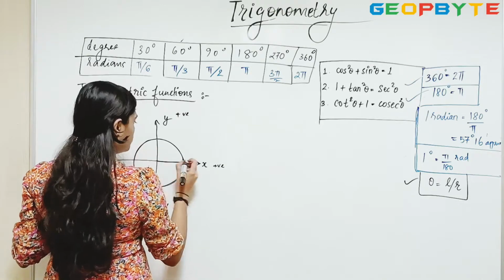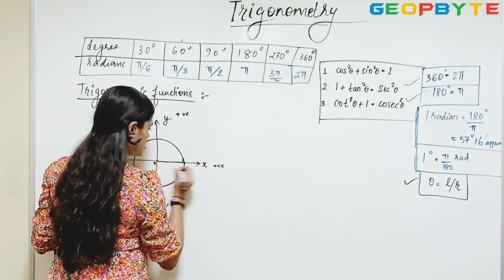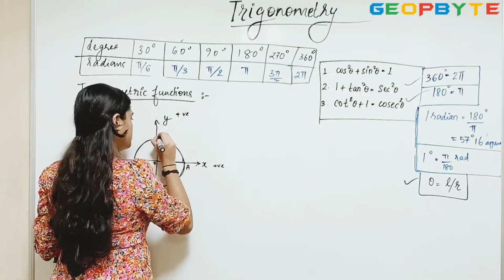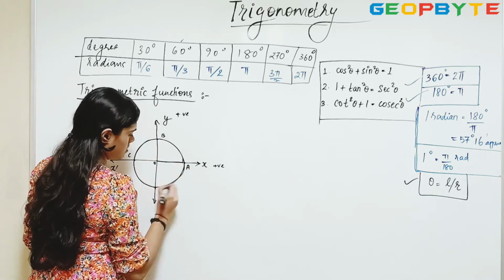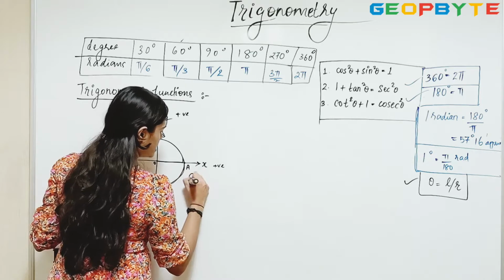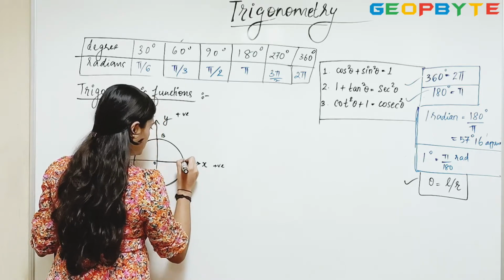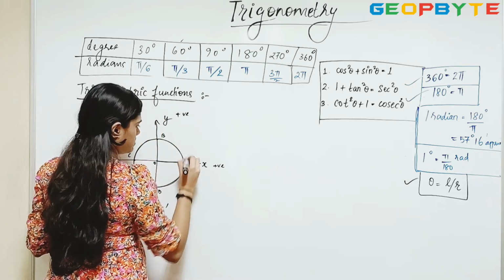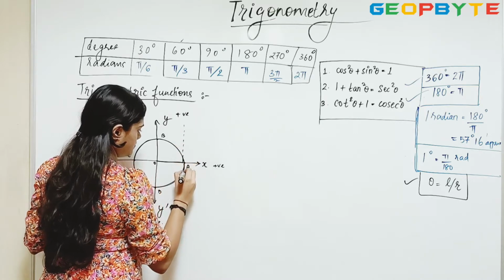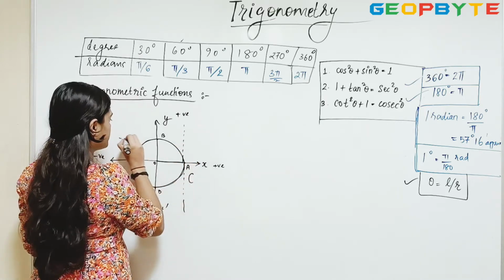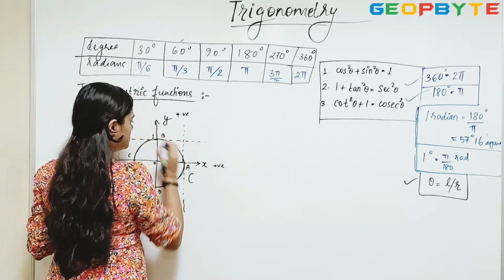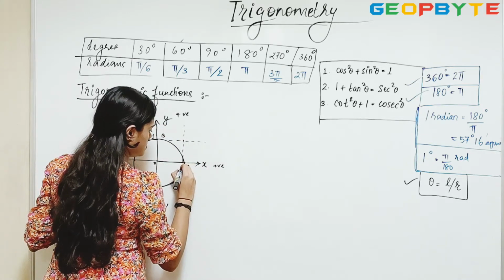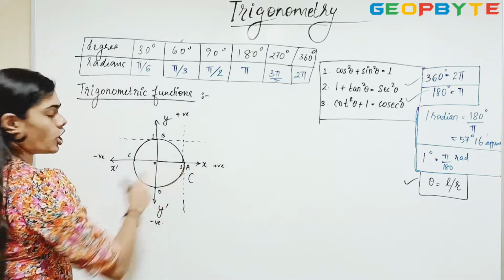So, what is this quadrant? This is origin. I'll put points here. So, what is the coordinate of A? This is 1 and this is also 1. So what would be the coordinate of A?